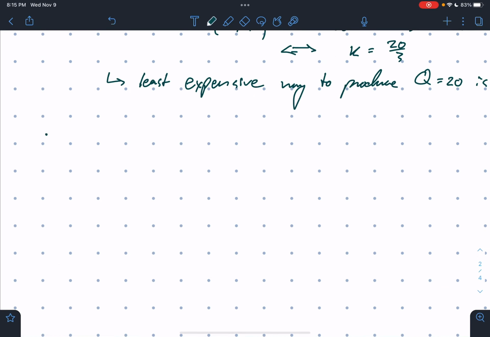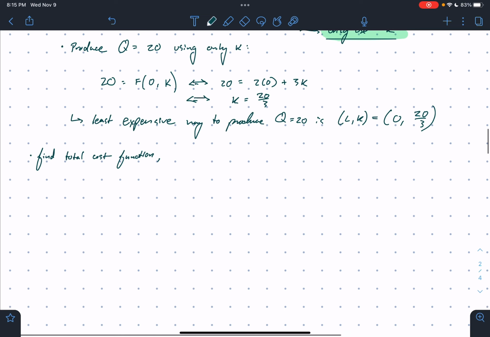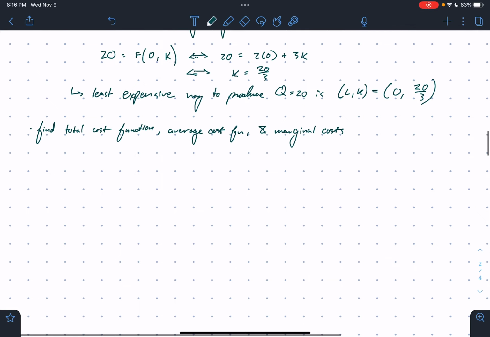So we want to find total, average, and marginal costs, and find the efficient scale.